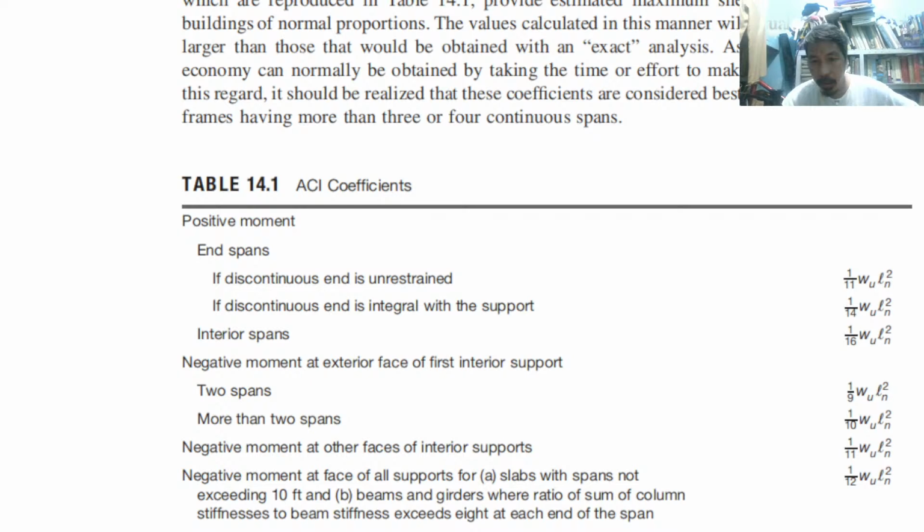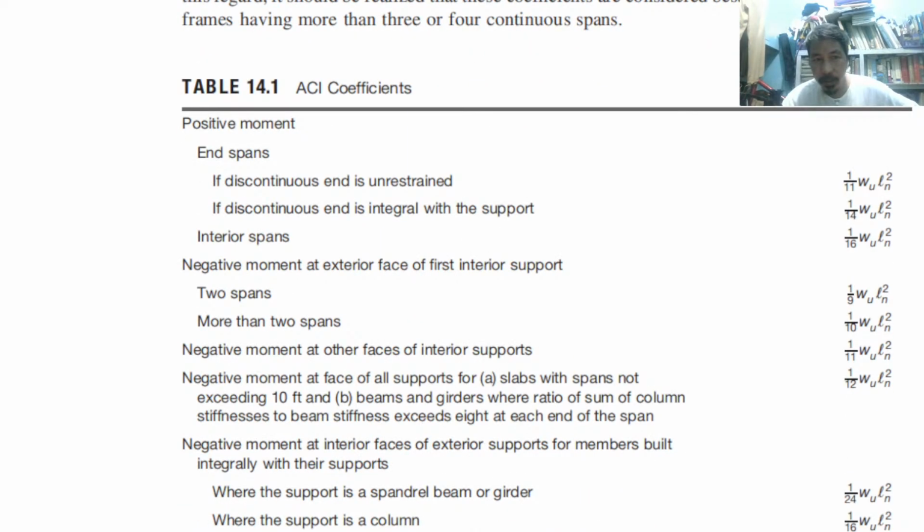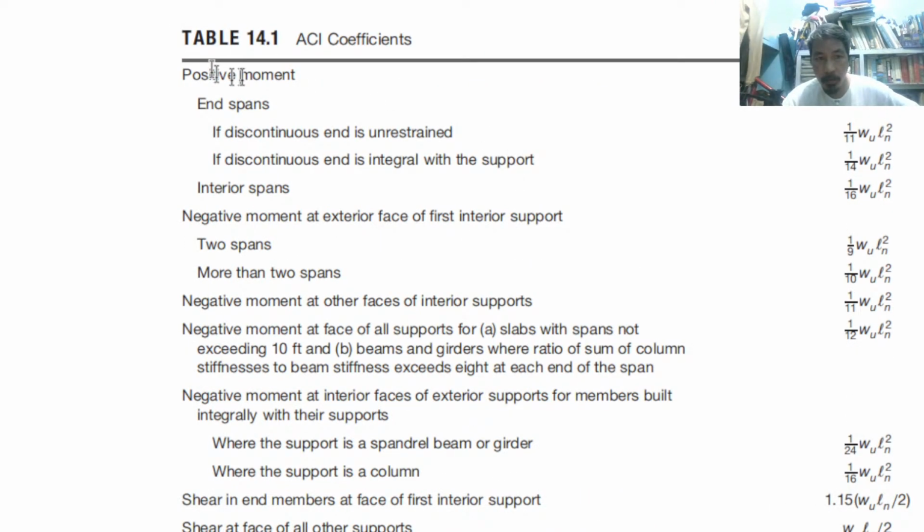So, for positive moment, for the end span, meaning exterior, there are 2 conditions: if this continuous end is unrestrained, or if this continuous end is integral with the support. What do you mean, integral with the support?